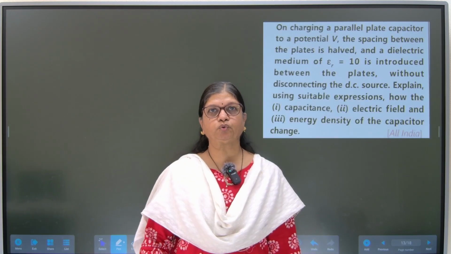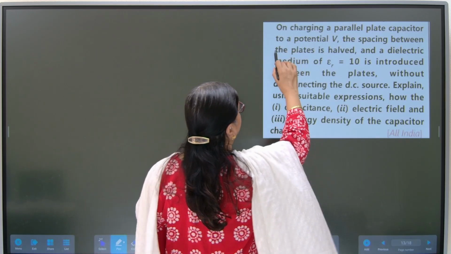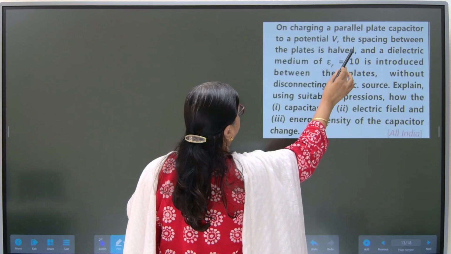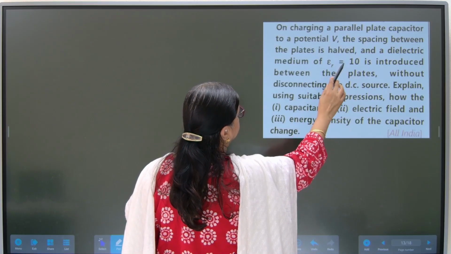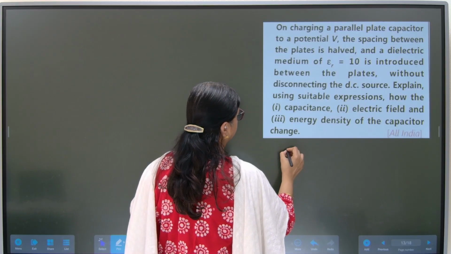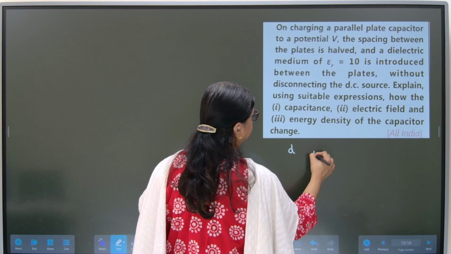Now let us move to another type of question. On charging a parallel plate capacitor to a potential V, the spacing between the plates is halved. So first it was D, now it is D by 2.